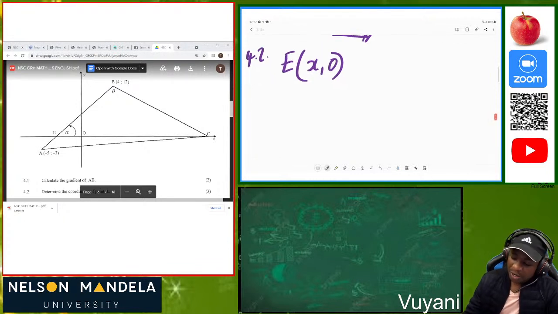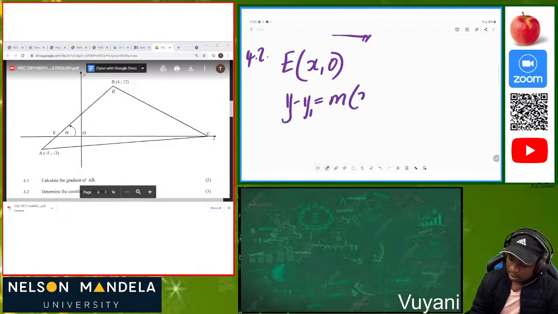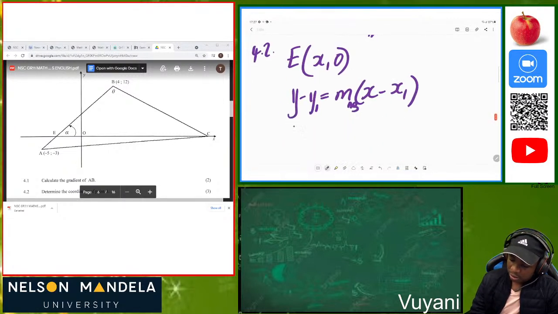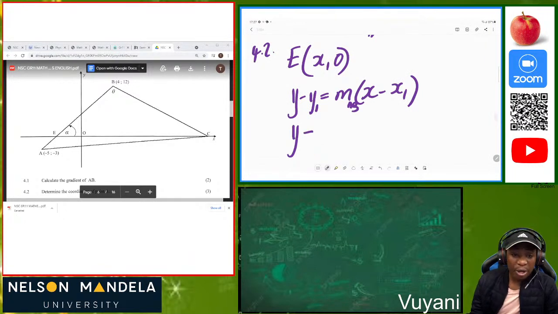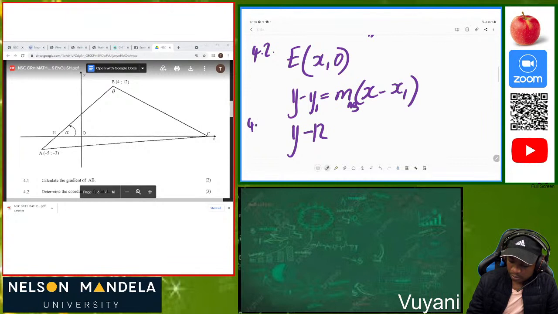In order to determine the equation of line AB, we have y minus y1 equal to m times x minus x1. What is our gradient of AB? We have calculated it to be 5 over 3. I'm going to choose point B, which is (4, 12).